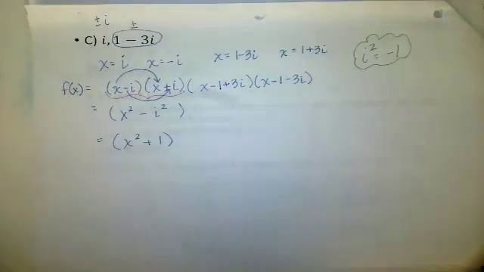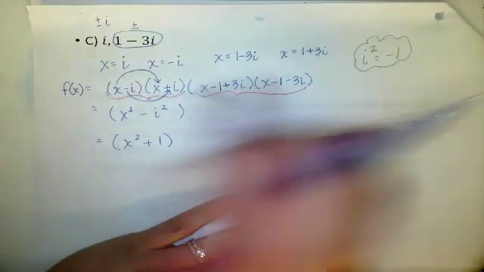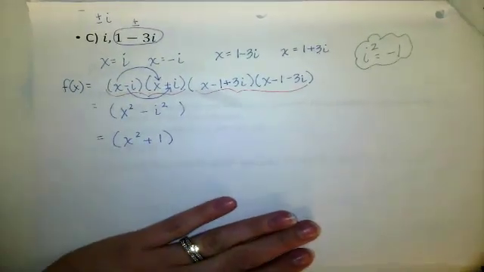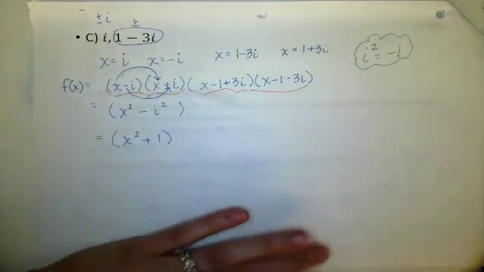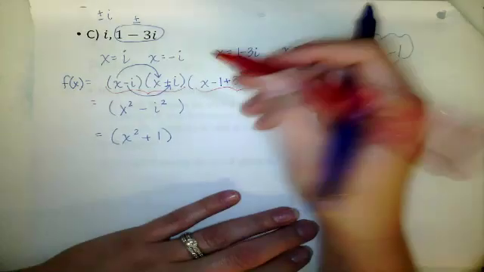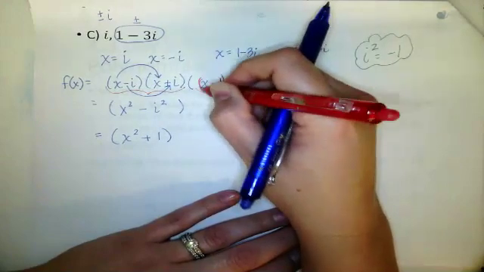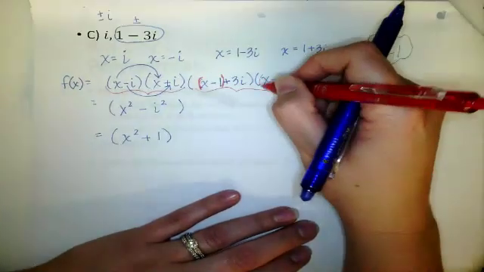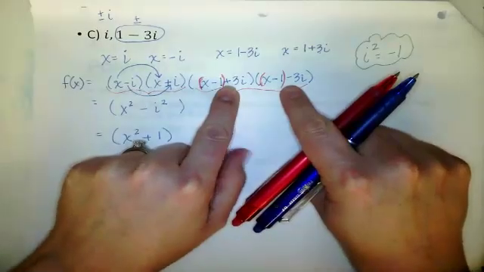Okay, very, very good. Now, this is also the sum and difference pattern. It just looks kind of crazy. Let me show you. They both have this first term, x minus 1, plus and minus the 3i.